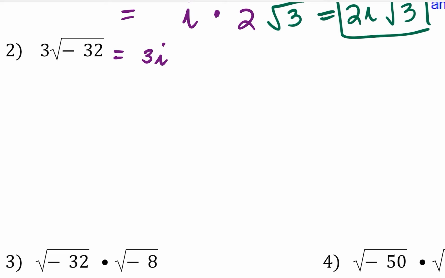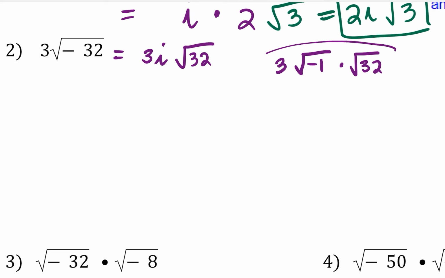That's a shortcut. If you understand why, you may use it this way, or you can split them and show what I showed earlier, which is the square root of -1 times the square root of 32, and after this is what I have right now. So it's like a shortcut.